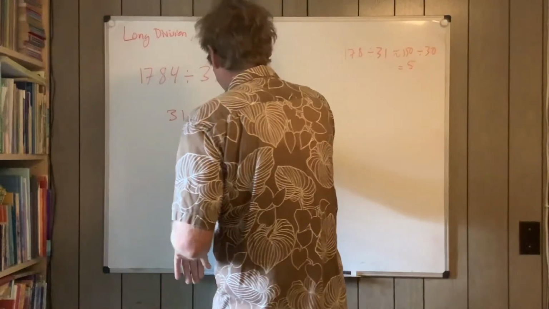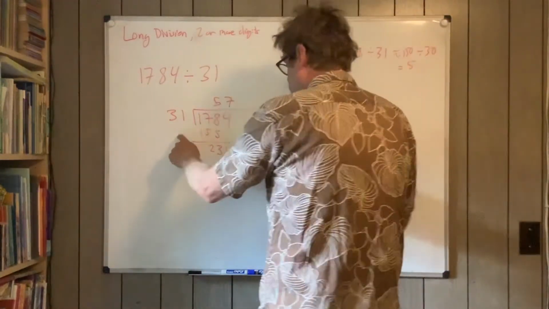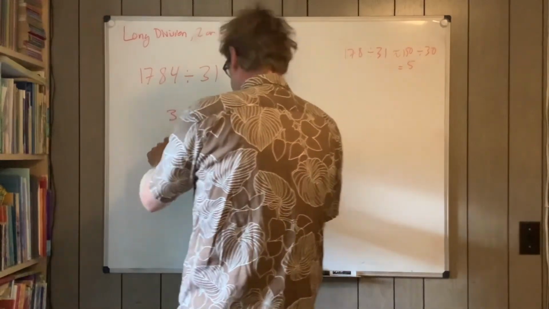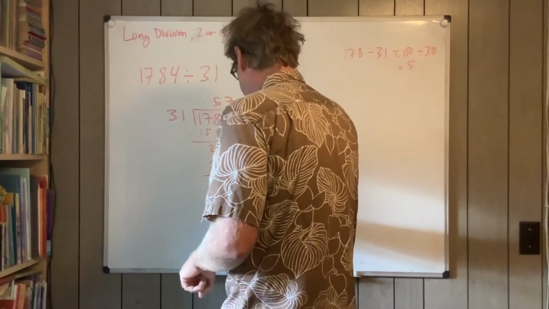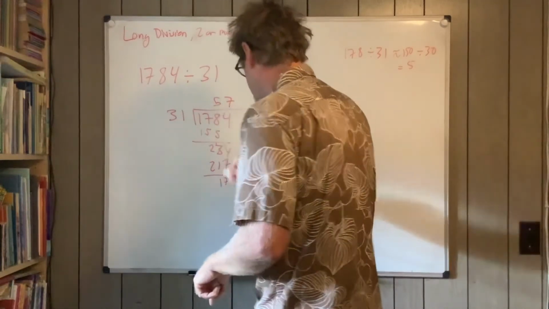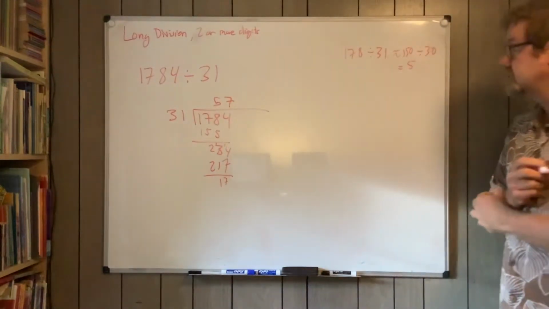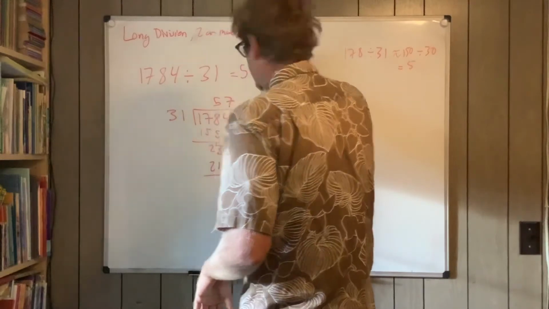So that should be 7. 7 times 1 is 7. 7 times 3, 21. 14. 1. 17. So I get 57, remainder 17.